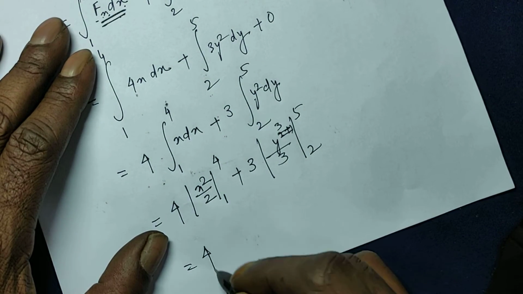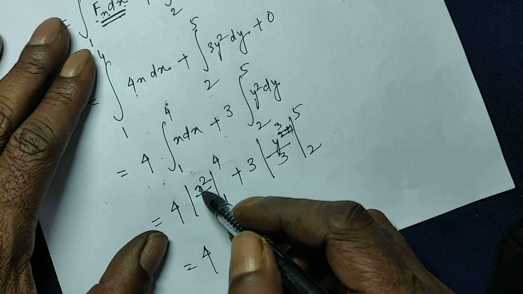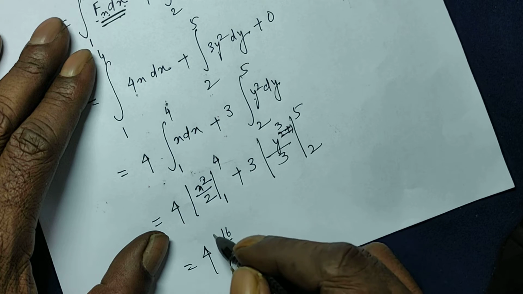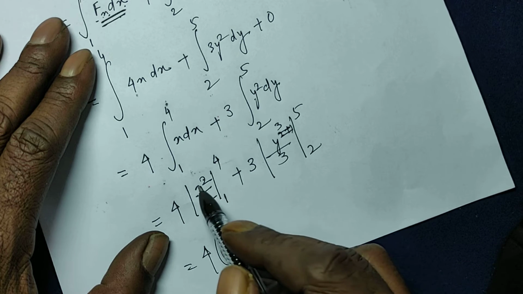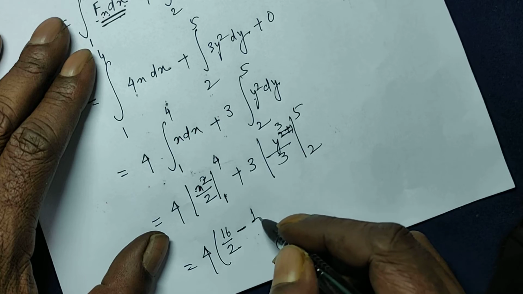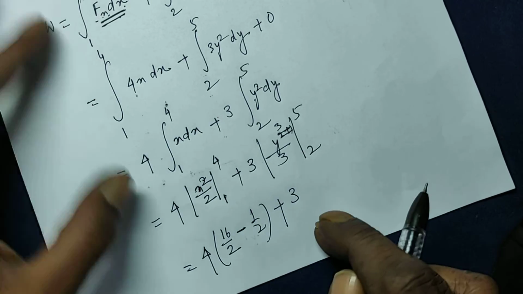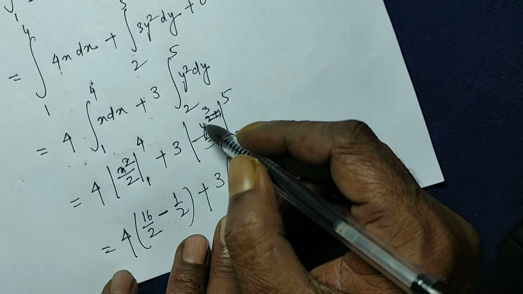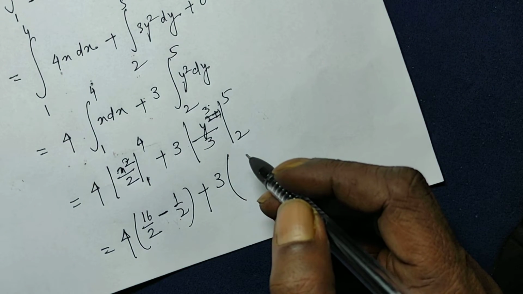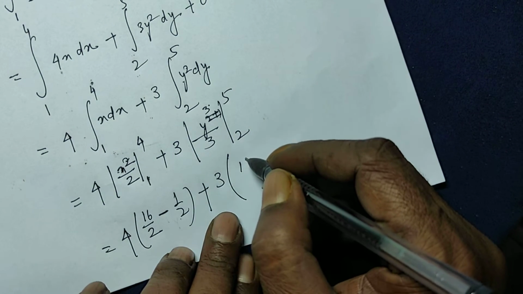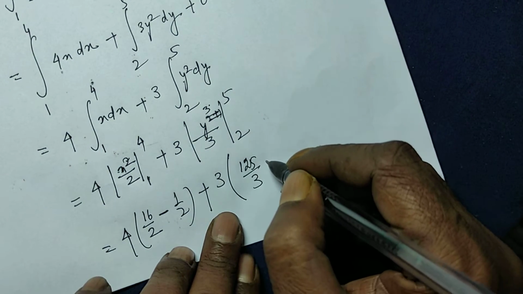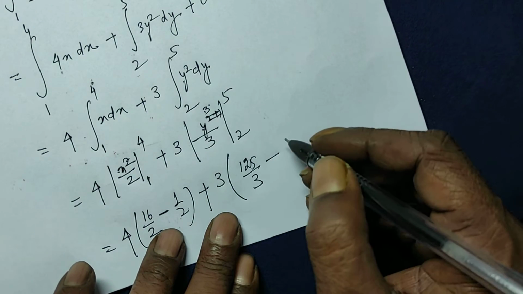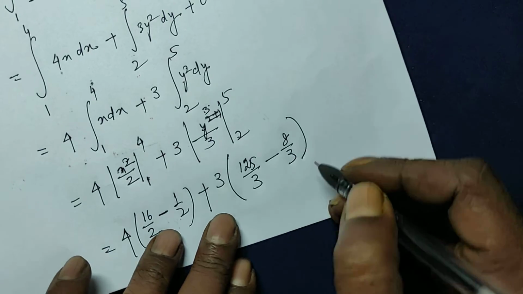So this is the variable. So 4 comes here, square of 4, 16 over 2, minus, if you put 1 here, 1 square is 1, 1 over 2, plus 3 times, if you put 5 here, 5 cube, 5 into 5 into 5 is 125 over 3, minus, if you put 2 here, 2 to the power 3 is equal to 8 over 3.